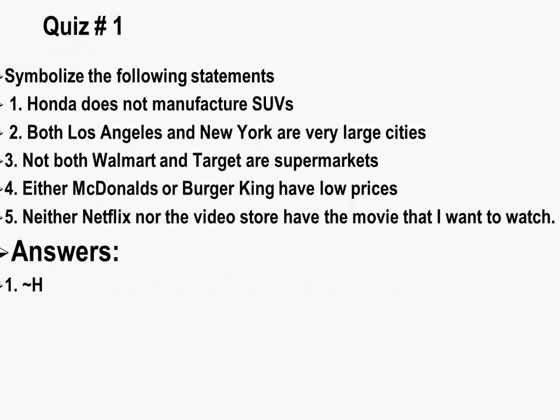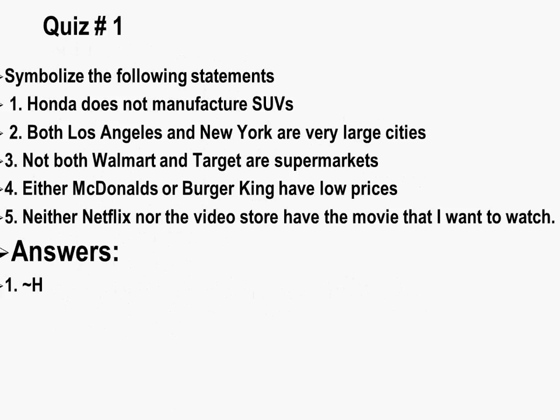The letters here are arbitrary. We could have also used M to symbolize number 1. So you can pick your own letters. You want to be consistent with them, however, and you want to be careful, because if you're dealing with multiple statements, you're going to want to have a unique letter for each statement, right?